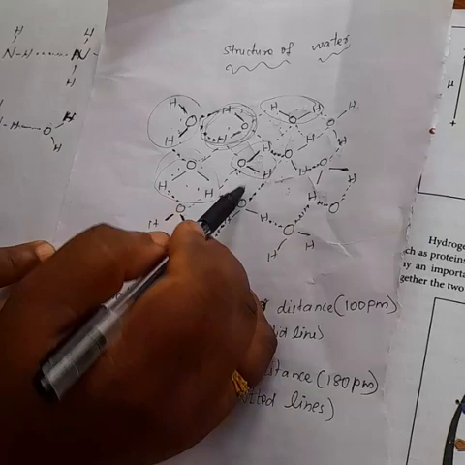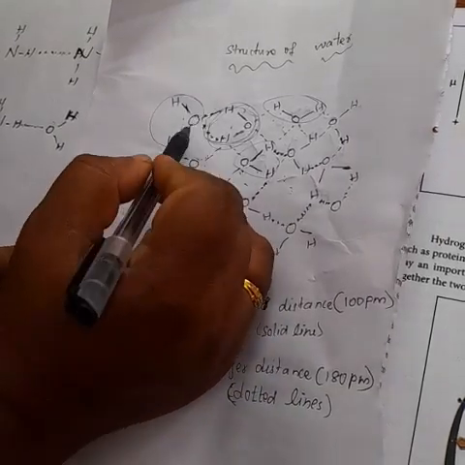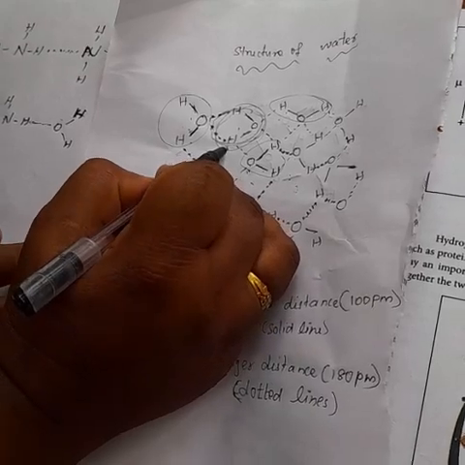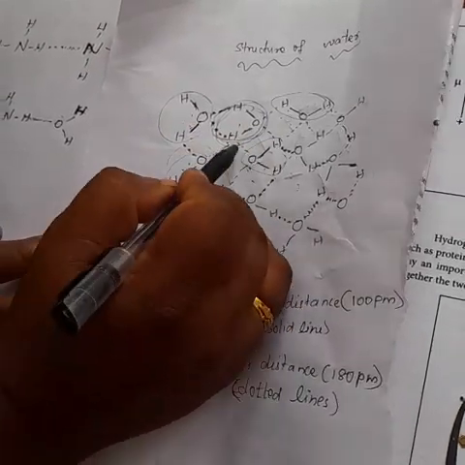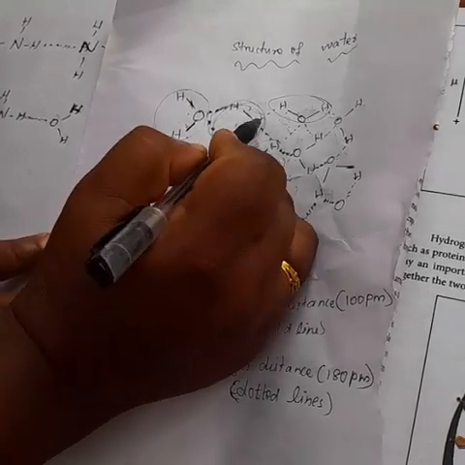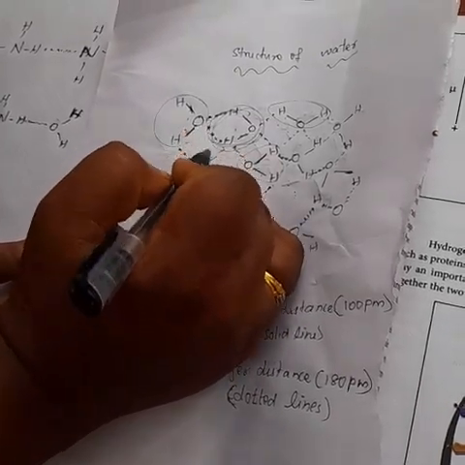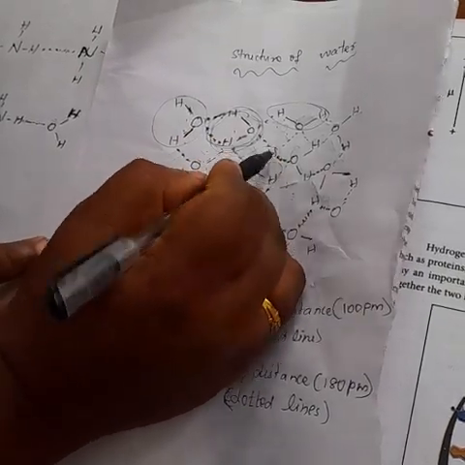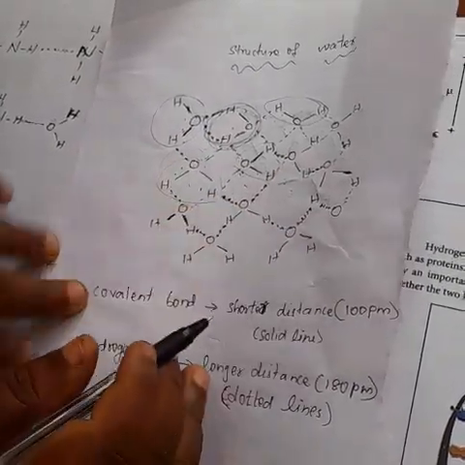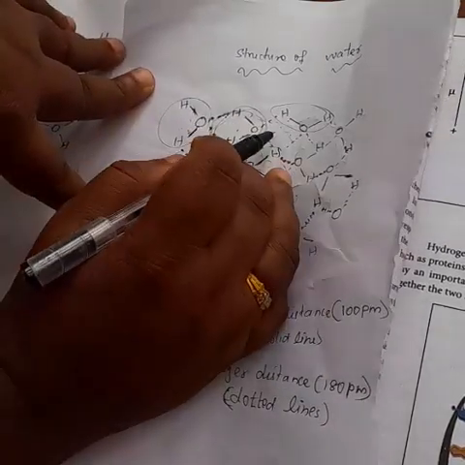This is one of the hydrogen bonds, another hydrogen bond, another, another. So each water molecule is linked to 4 others through hydrogen bonds.